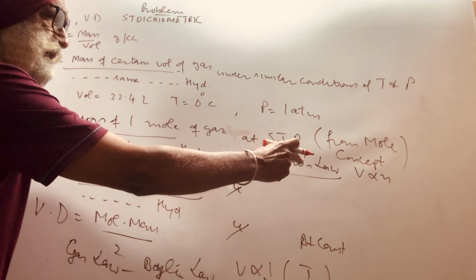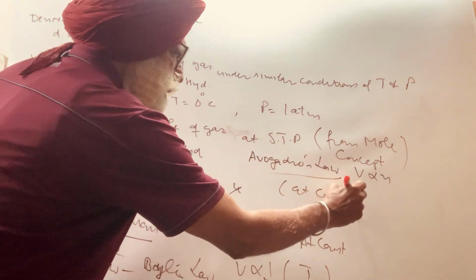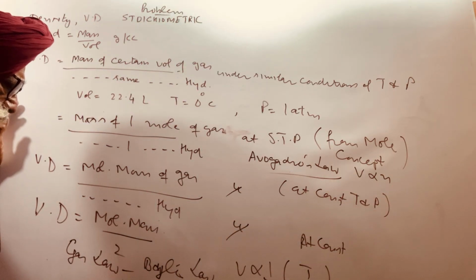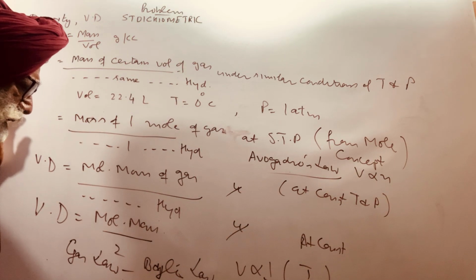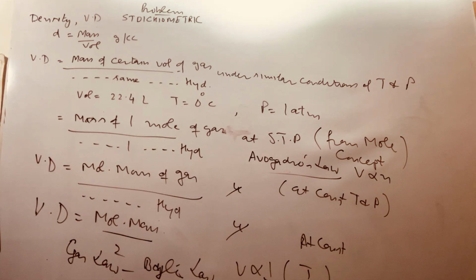And we have Avogadro law at constant temperature and pressure. Combining all of them, you get PV = nRT. This is the gas equation. What is n? n is the number of moles, P is pressure, V is volume, R is the gas constant, T is temperature.